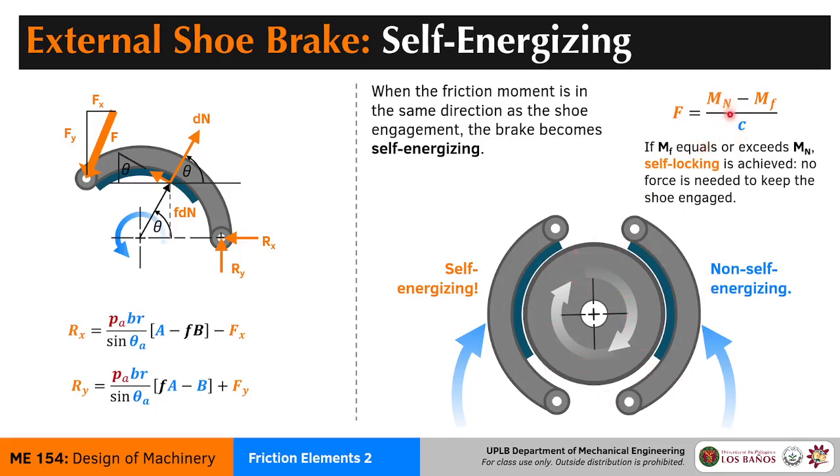So again, if these two moments equal one another, then you don't have to exert any force at all. So perhaps you can connect a mechanism here just to decouple the shoe, because the drum wants the shoe to be on there if MN and MF are equal. So that is when self-locking is engaged.